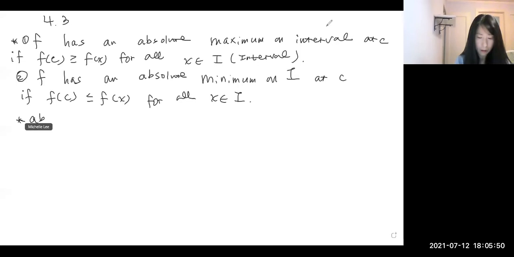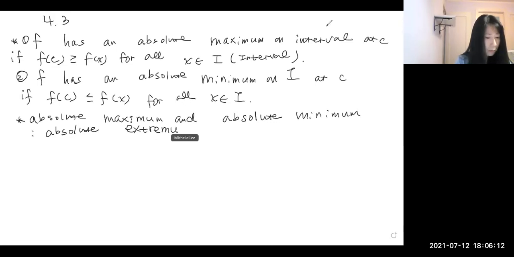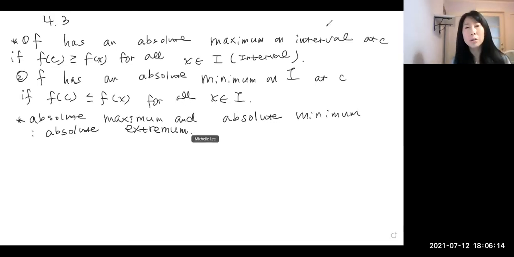Absolute maximum, absolute minimum. We say that absolute extremum. Okay, so absolute minimum, absolute maximum.